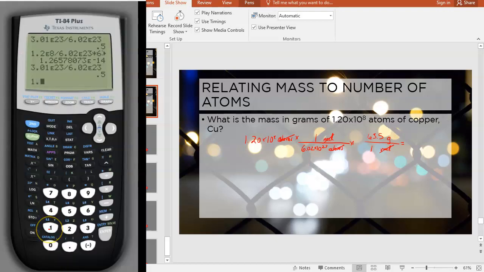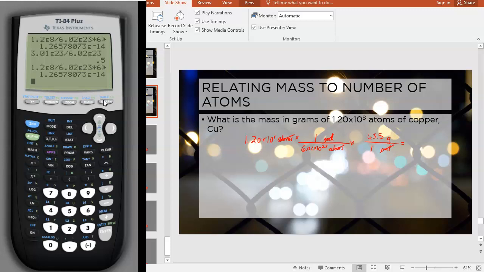So 1.2, and it's already written up there, but just so you can see me type it in, 1.2 times 10 to the 8th divided by 6.02 times 10 to the 23rd times 63.5 gives me 1.27. Don't forget about that tag at the end.